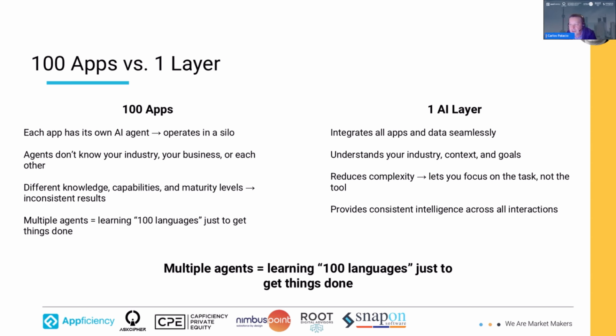When we introduce the concept of one AI layer, what we are talking about is, imagine, and I will demonstrate it after a couple of slides, that you have an AI that is connected to your apps, like Johnny was saying, and can move data seamlessly between those apps.